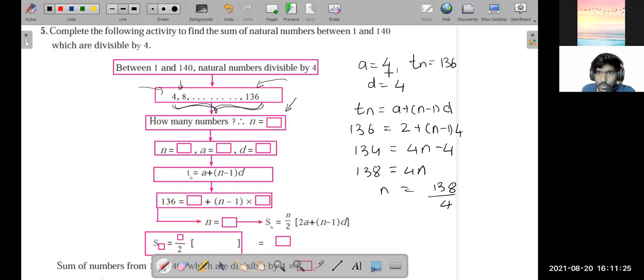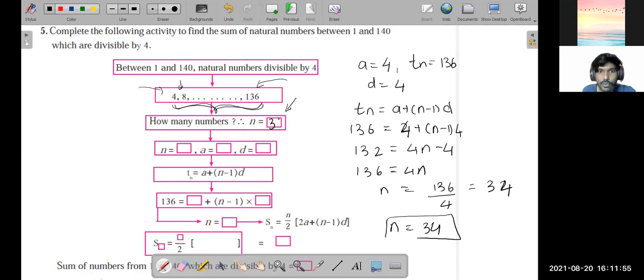This should be 4. So 136 minus 4 is 132, and 132 plus 4 is 136. So this will become 136 divided by 4, which is 34. So n is 34.